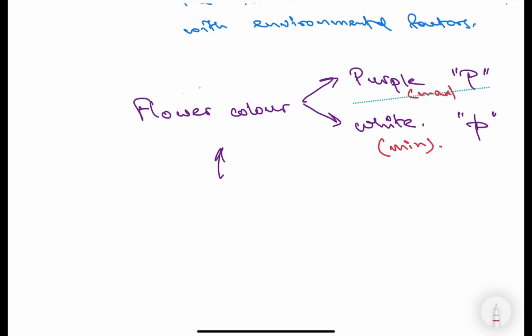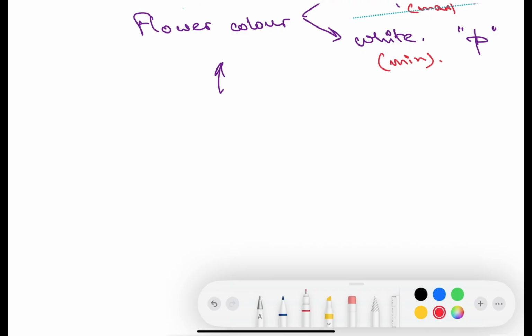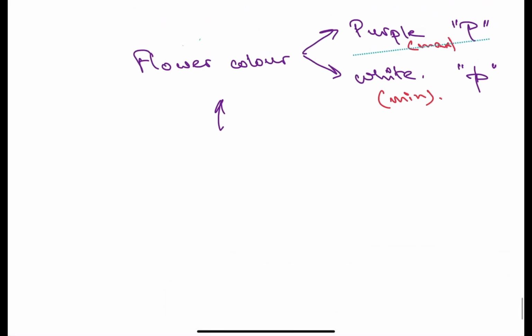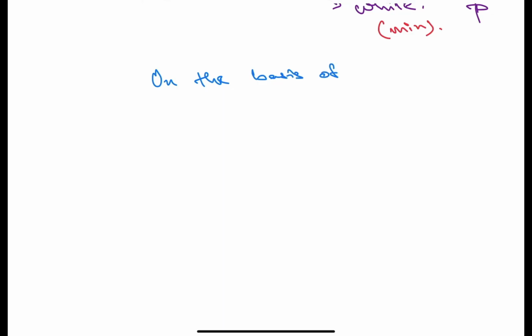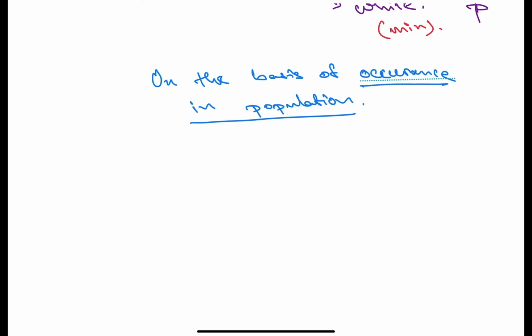So on the basis of occurrence of a trait in the population, alleles can be classified into three types.